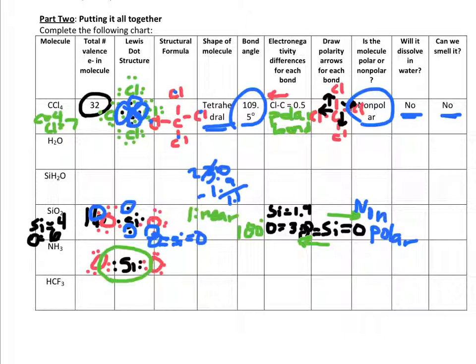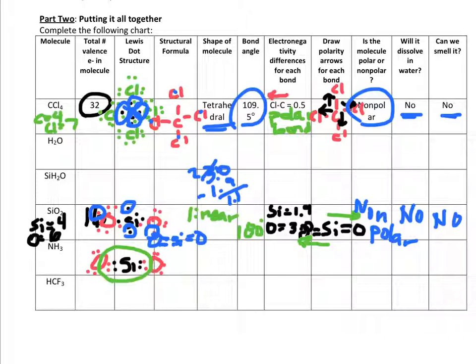Nobody's winning the tug of war. The electrons are going to be shared fairly throughout the entire molecule. So it's nonpolar. If it's nonpolar, it will not dissolve in water and we cannot smell it, because it cannot get through the water-based mucus in our nose to hit the receptors in order to hit our brain.